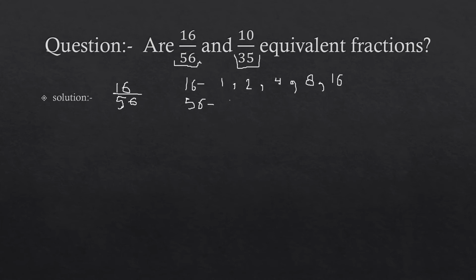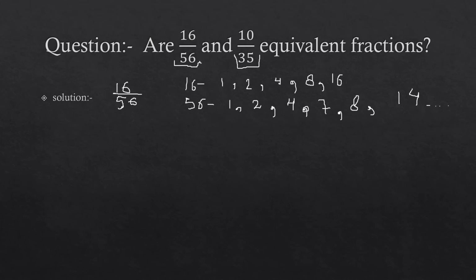For 56 we have 1, 2, 3 is not, 4 yes, 5 is not a factor, 6 is not, 7 is a factor, 8 is a factor, 9 is not, 10, 11, 12, 13 no, 14 is a factor. This much is enough.